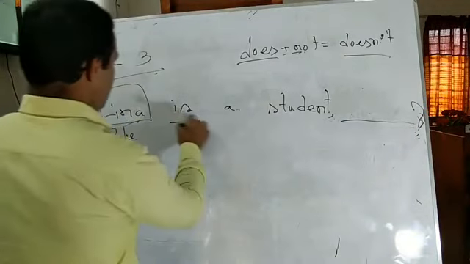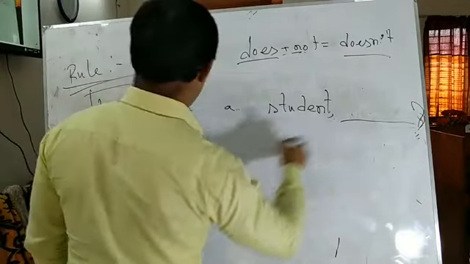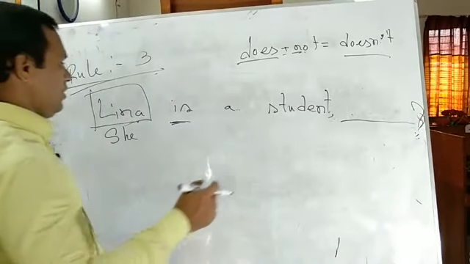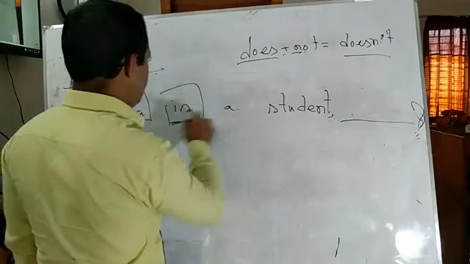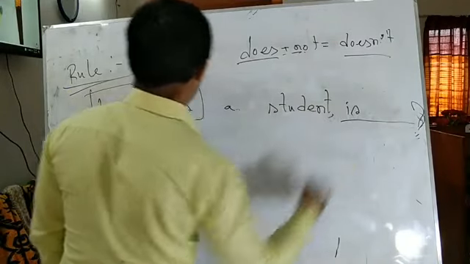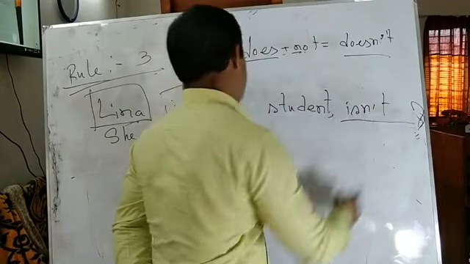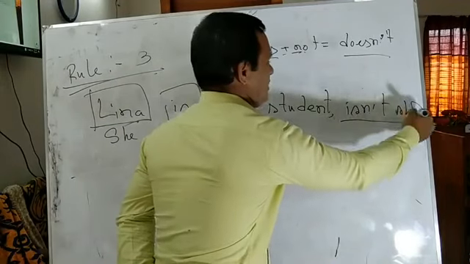So here is an operator, is, which has also to be given. So, isn't she.